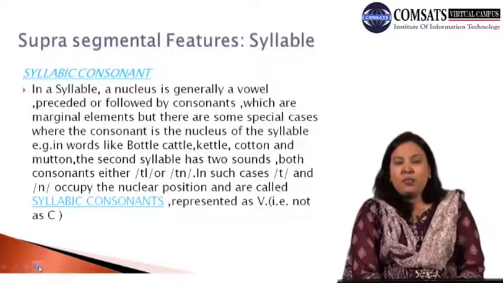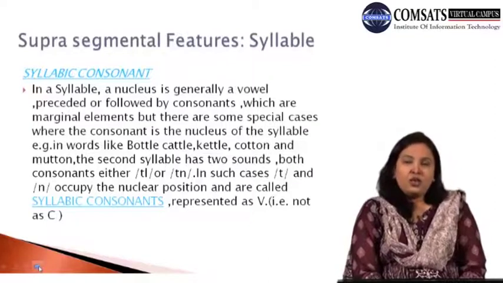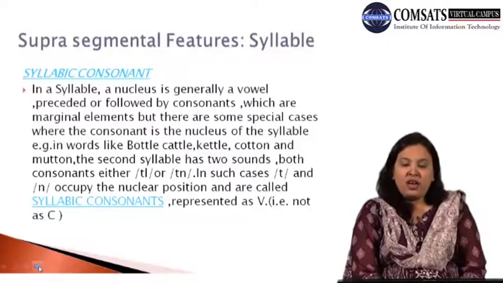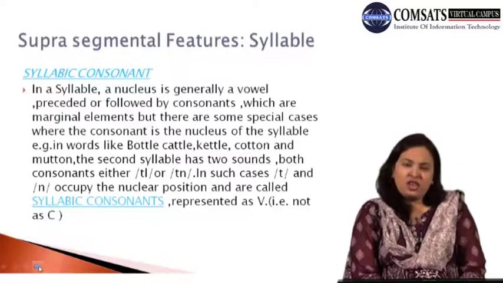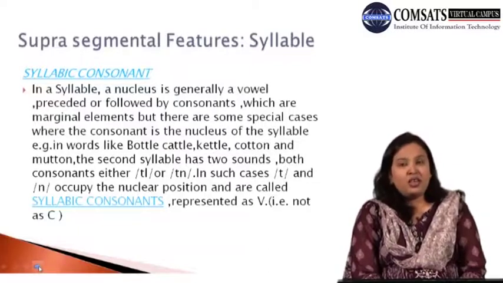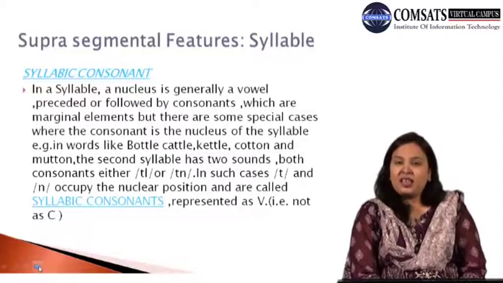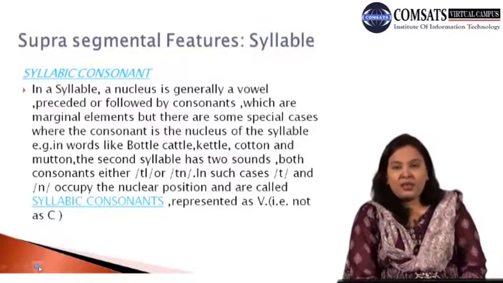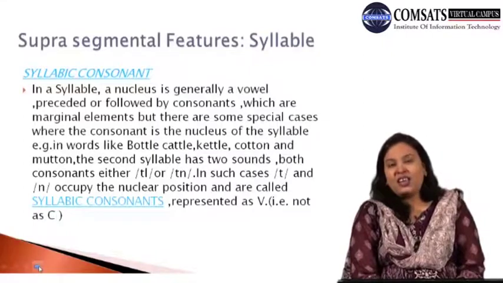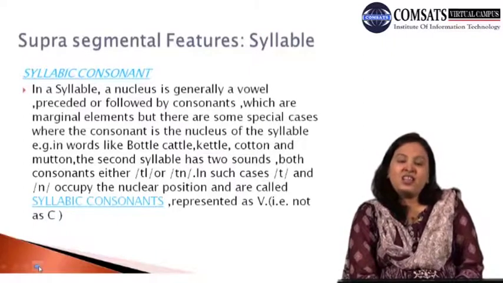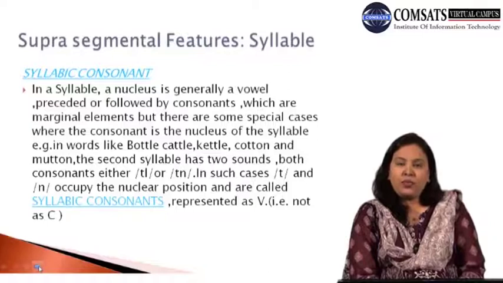Because the main nucleus position is occupied by a vowel, consonants are the marginal elements. But there are some special cases where the consonant is the nucleus. Once again, in very rare cases, it happens that a consonant takes the nucleus or central position.